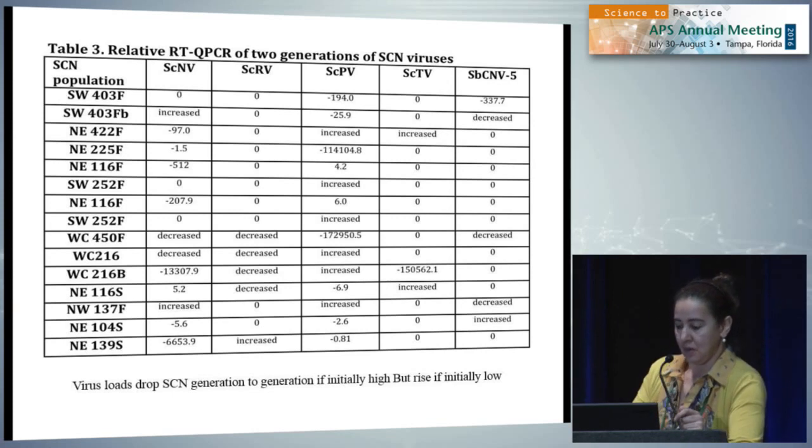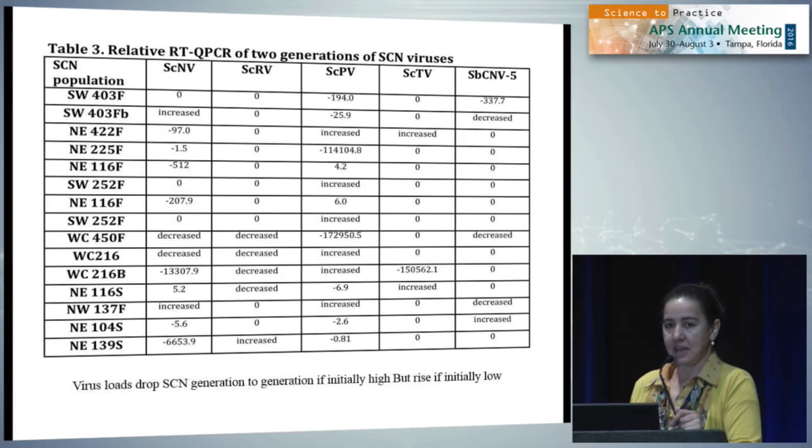So throughout this study, we realized that what's happening is, when the nematode population has an initial viral load that's tolerable, the viruses will grow on the nematode, and later on, when the viral load becomes very heavy, the nematode population will crash and disappear.